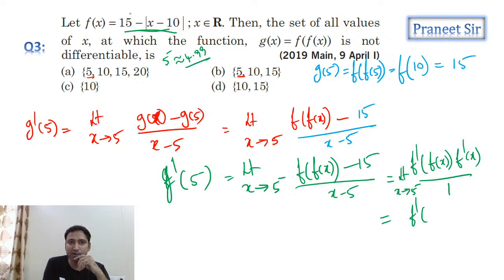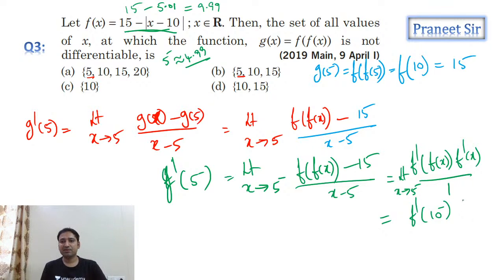If you substitute this 4.99 here, 15 minus |4.99 minus 10|, which is 5.01. So 5.01 minus 15 minus 5.01, how much? 9.99, which is the 10 minus case. So here we're getting f dash 10 minus into f dash 5 minus.